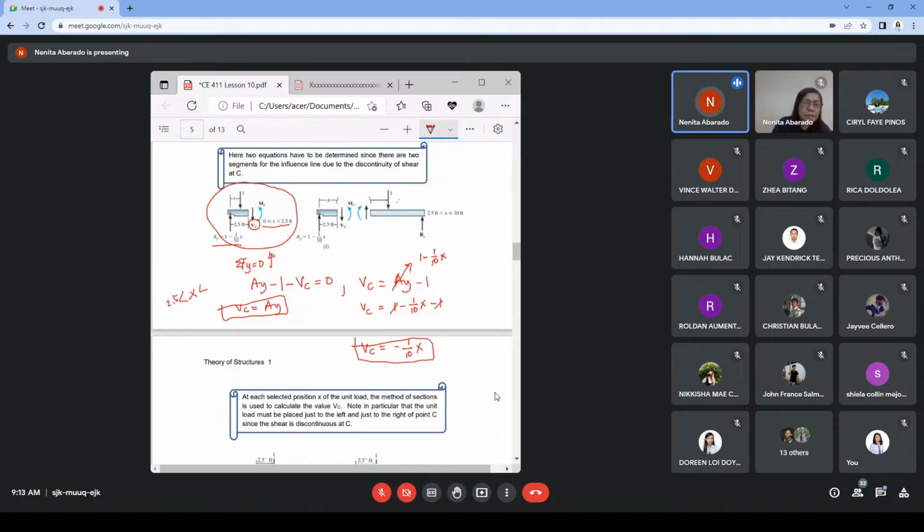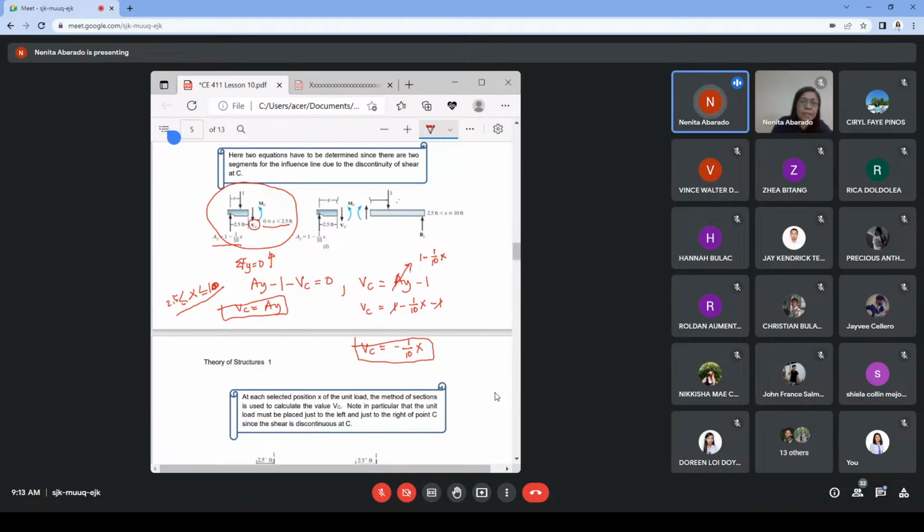than 2.5 and less than or equal to 10. So this is equal to AY, because the 1 is gone.